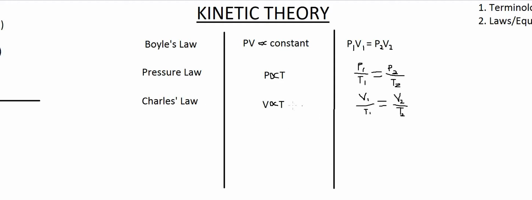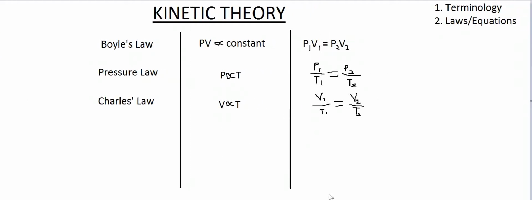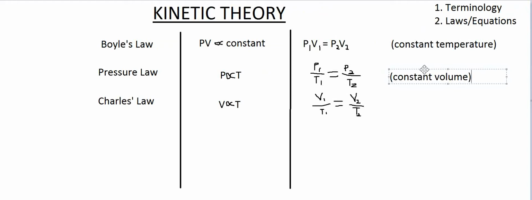Take note of a few things. First, Boyle's law only applies when there's a constant temperature. The pressure law applies only when there's a constant volume. And Charles's law only applies when there's a constant pressure.